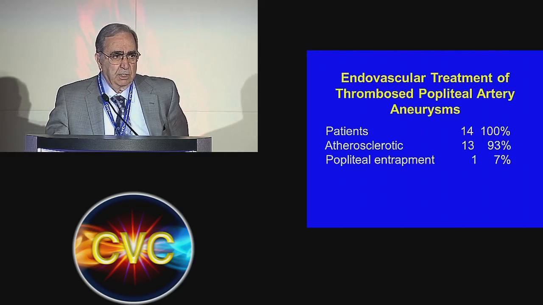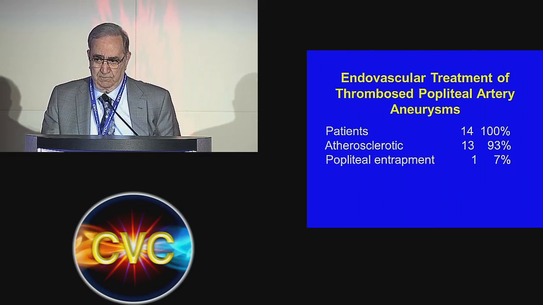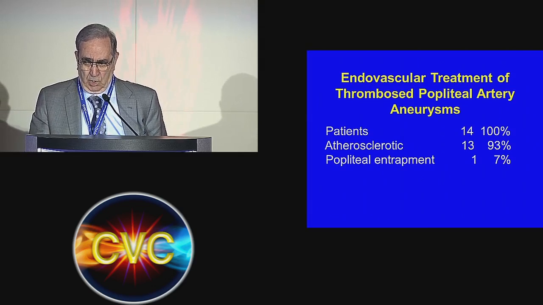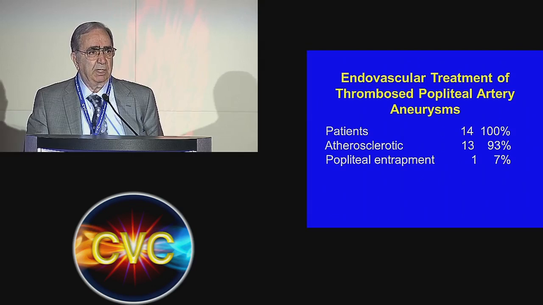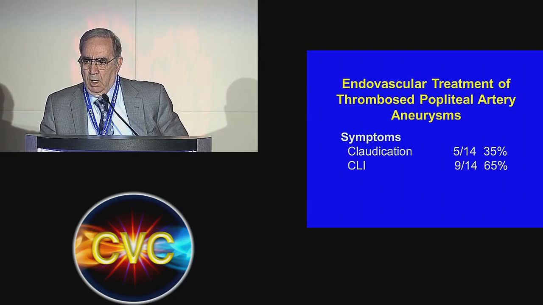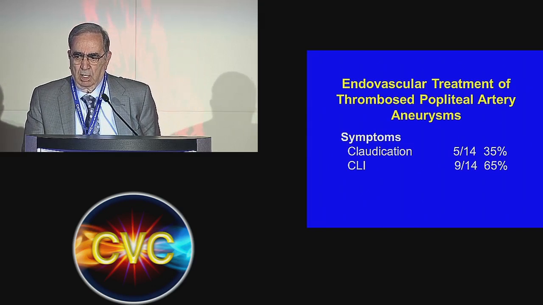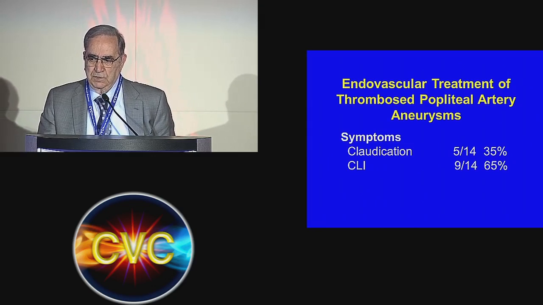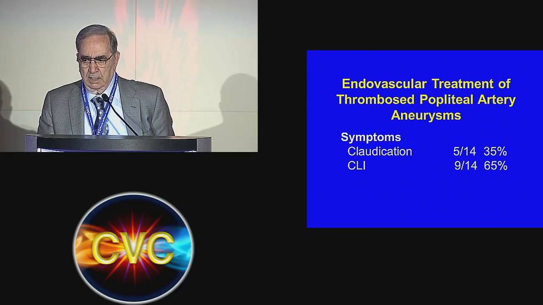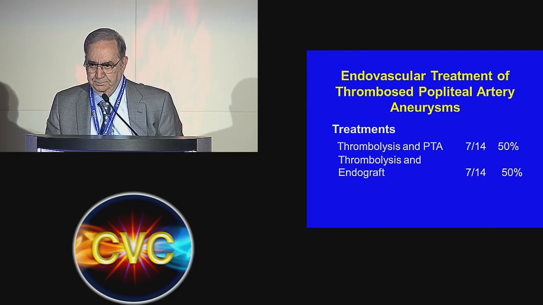I've treated 14 patients with thrombosed popliteal aneurysm. 13 of them were due to atherosclerosis, and one of them was a popliteal entrapment in a Navy officer. As for symptoms, 5 out of 14, 35%, had claudication, and 9 out of 14, 65%, had CLI.